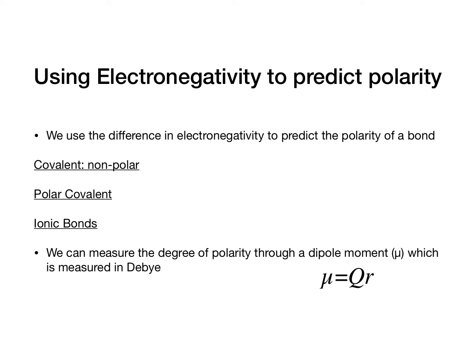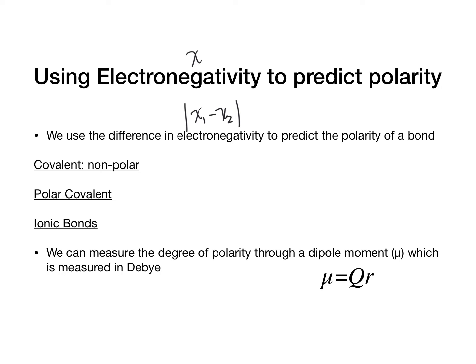So electronegativity can predict polarity. So we're going to use the difference, well, the absolute value of the difference. Sometimes electronegativity is referred to as chi, the Greek letter X. So chi1 minus chi2, the absolute value, basically just make the number positive, and we can predict the polarity of a bond.